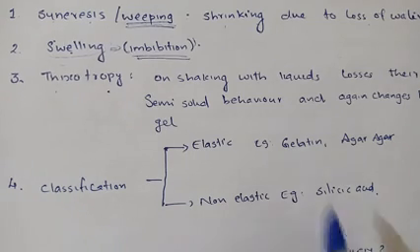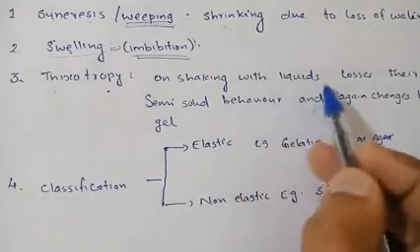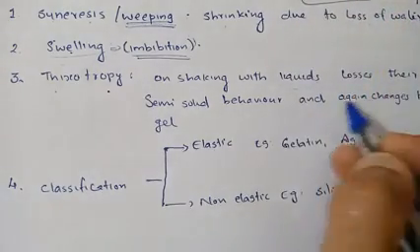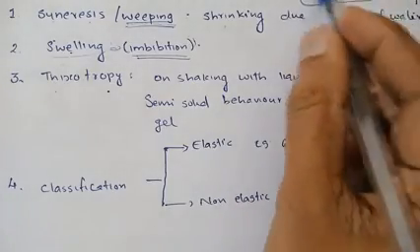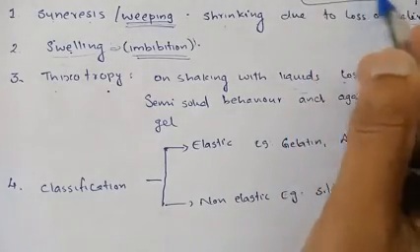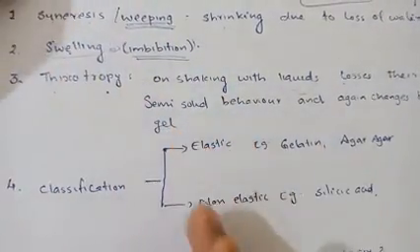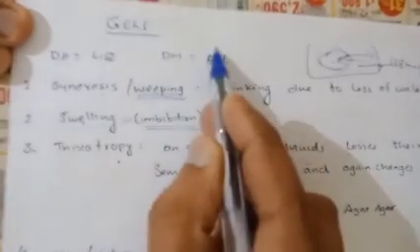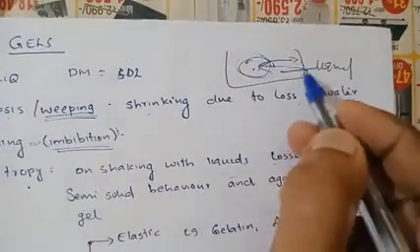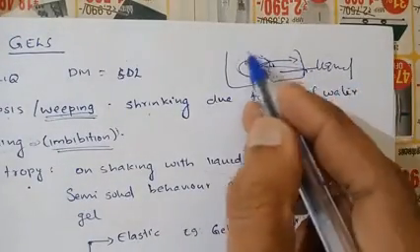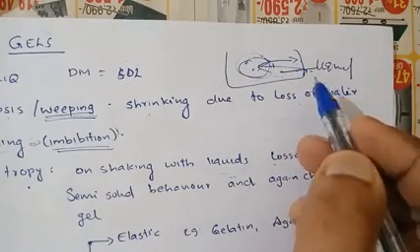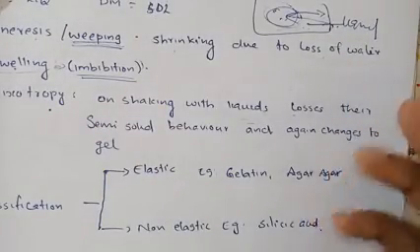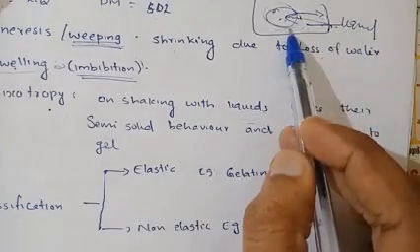When we shake a particular gel with liquid, it loses its semi-solid character. It means if more liquid is present, here just listen, the dispersed phase is liquid and the dispersion medium is solid. So when liquid enters more into this gel, what happens? It loses its solid or semi-solid behavior and shows the characteristics of a liquid.